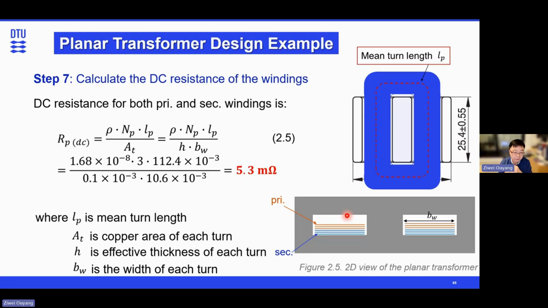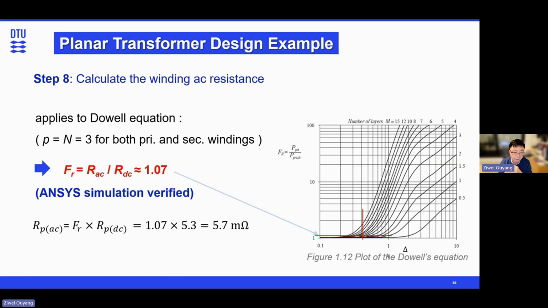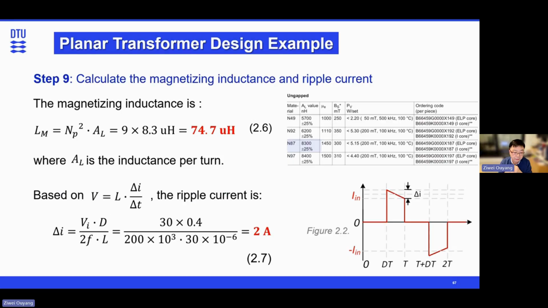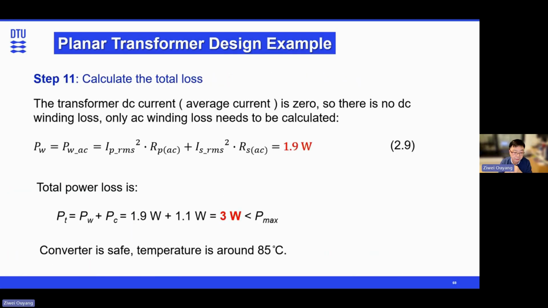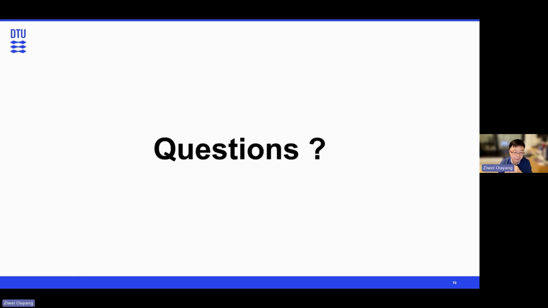Or you probably can have more windings in parallel, like underneath, and then you can further reduce your winding losses. But here I'm not going to continue with that. Maybe if you are interested, you can continue to further optimize. So yeah, that's it. Thank you very much, and I would be happy to answer your questions.